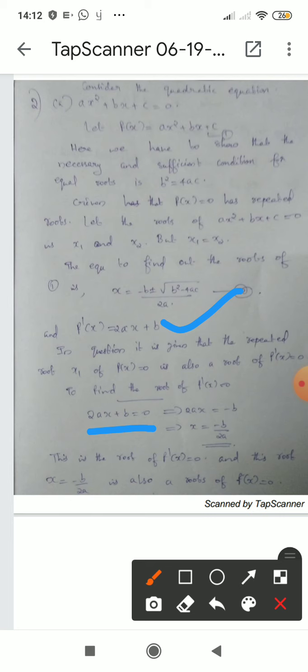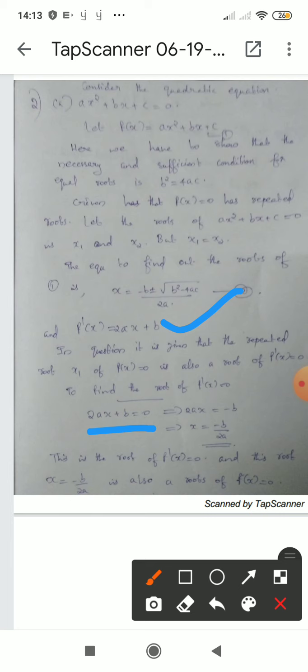Right? So, we have two main hints in our hand. One is our mean value theorem, which tells us that in between two roots of a function, we can find at least one root of its derivative.